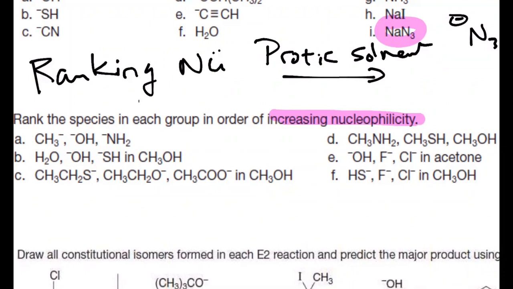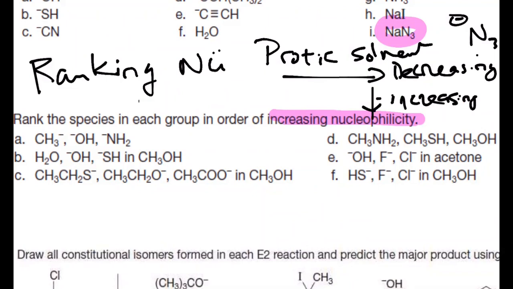I want to say it's increasing top to bottom. Okay. Yeah, increasing. So it's decreasing from left to right, and then from top to bottom, it is increasing, in a protic solvent.